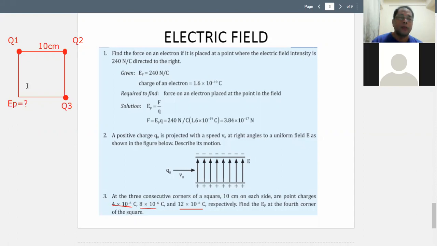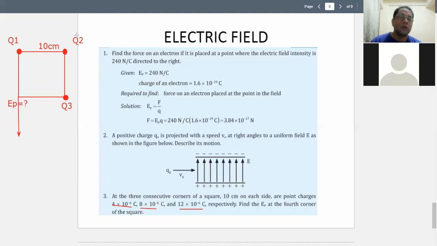So at this particular point, based on Q sub 1, our E sub P may be going here. That might be the direction of our E sub P due to charge 1. So this one will move away.